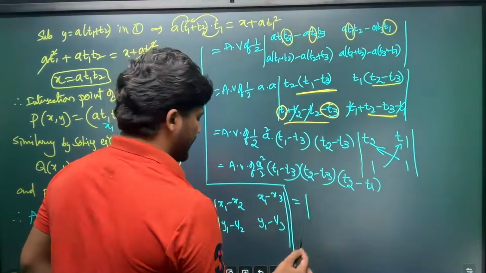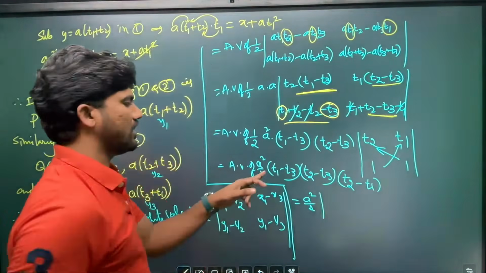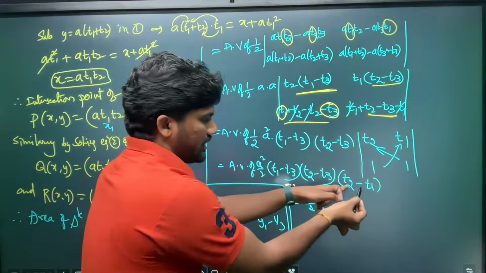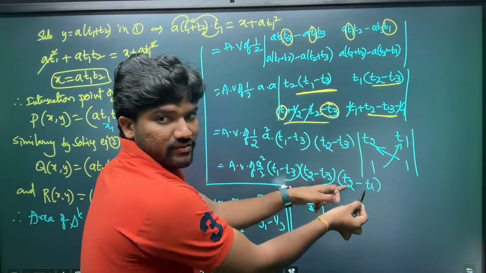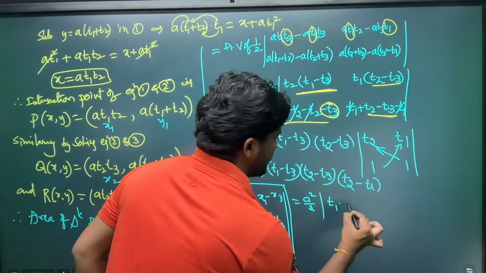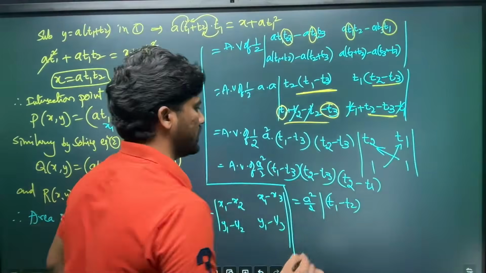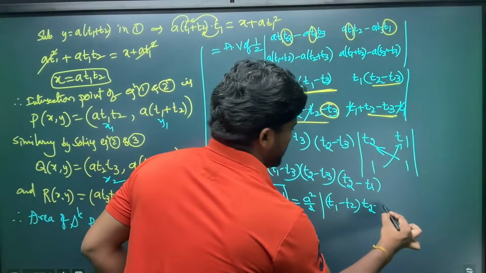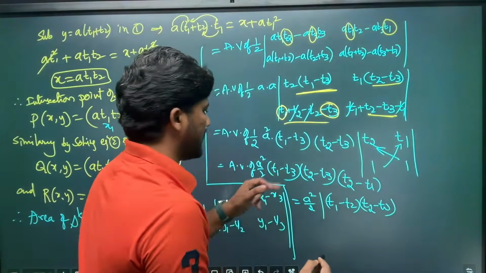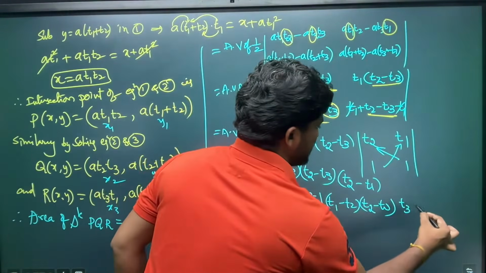I am writing a square by 2 outside, modulus of: first take minus common from t2 minus t1, write in order t1 minus t2. Even if you take minus common inside the modulus, it is plus only. Next write the second term t2 minus t3. Next take minus common inside the modulus, so that becomes plus t3 minus t1.